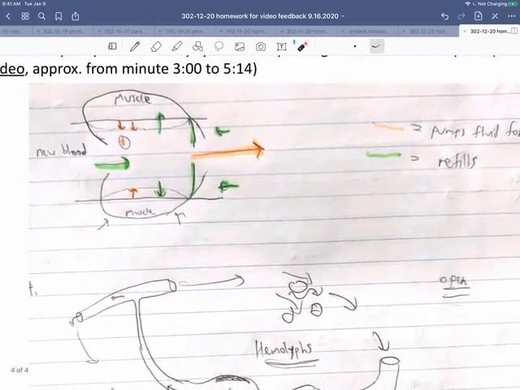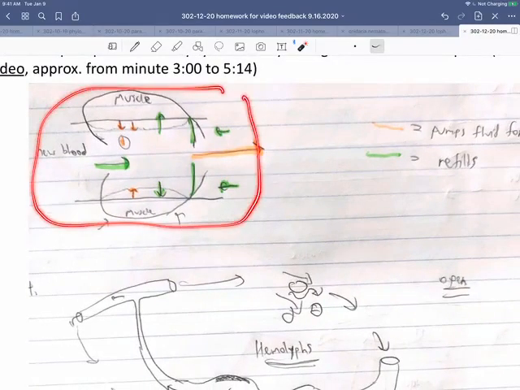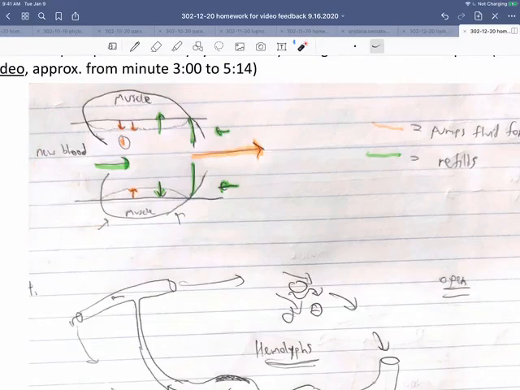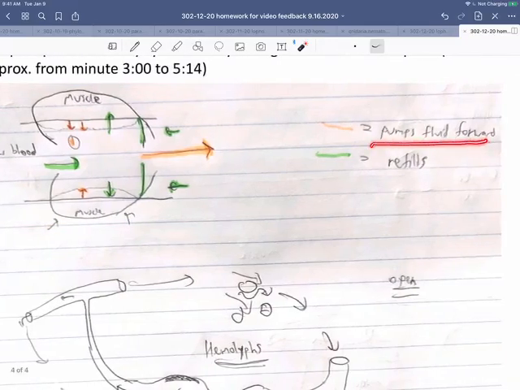This also shows the heart with colors to show the two stages: contraction when blood is being pumped out, and then refilling when blood is coming back in.